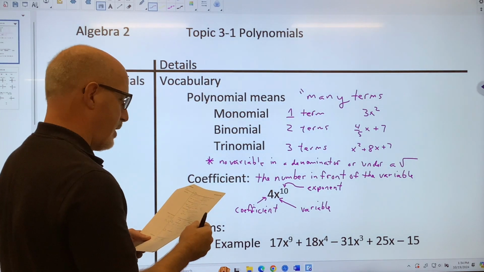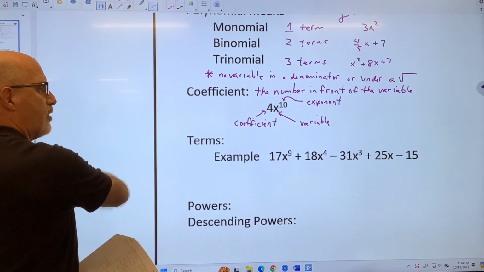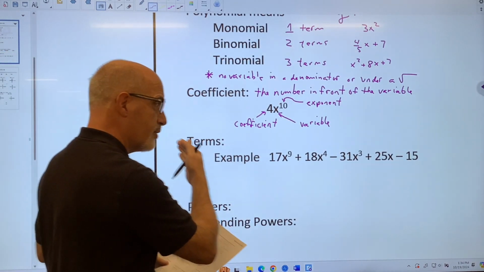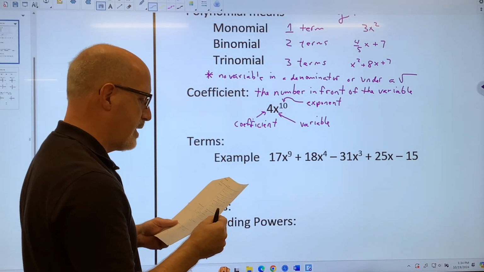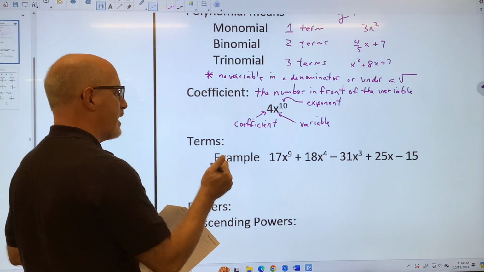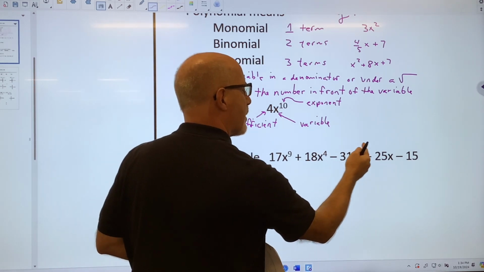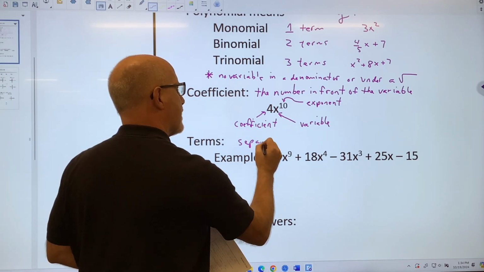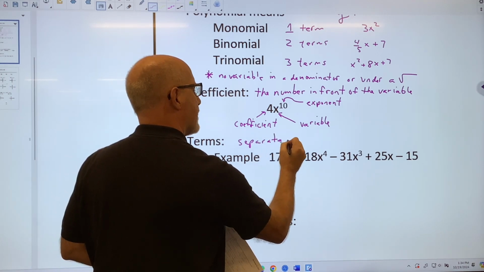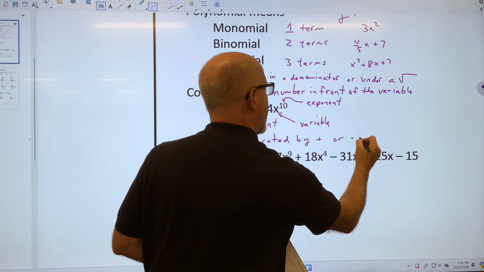All right, so when talking about terms in a polynomial, like here's a polynomial, there's no variable in a denominator or under a square root. When you're talking about terms, we're looking at the polynomial where it's separated by plus or minuses. So terms are separated by a plus or a minus.